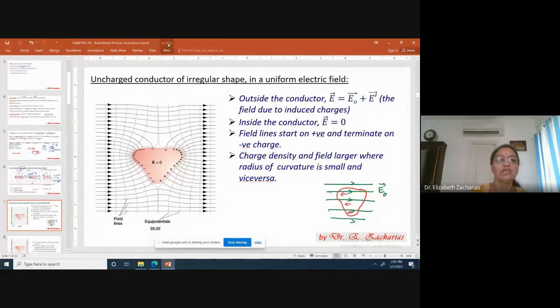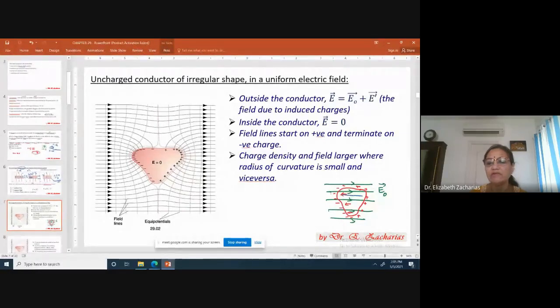So within a short time, there will be an accumulation of electrons on this side, and there will be equal and opposite positive charge on the other side. That's what you're seeing here. Because of these induced charges, there will be an electric field. What will be that electric field?